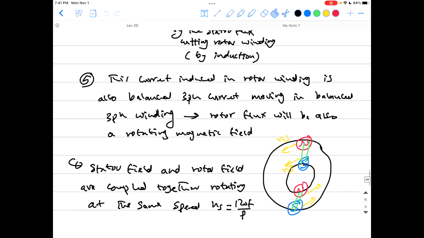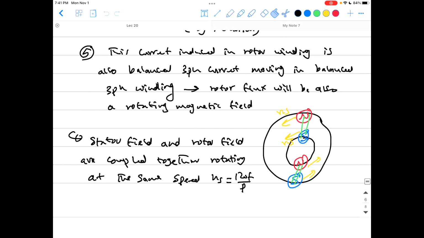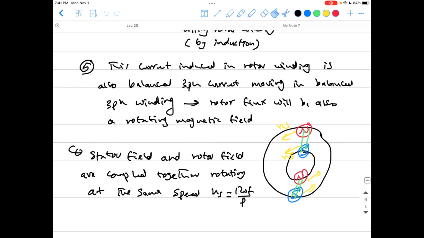Like we said last time, we have in the rotor also a three-phase winding, just like the stator. So the induced voltage coming from the stator will also be balanced when applied to the rotor winding, and this will create also a rotating magnetic field. So you have a set of magnetic poles coming from the stator, rotating at the synchronous speed, and another set of magnetic poles on the rotor rotating at the same speed. Each north pole on the stator will be coupled, meaning magnetically attracted, to a south pole on the rotor, and vice versa.